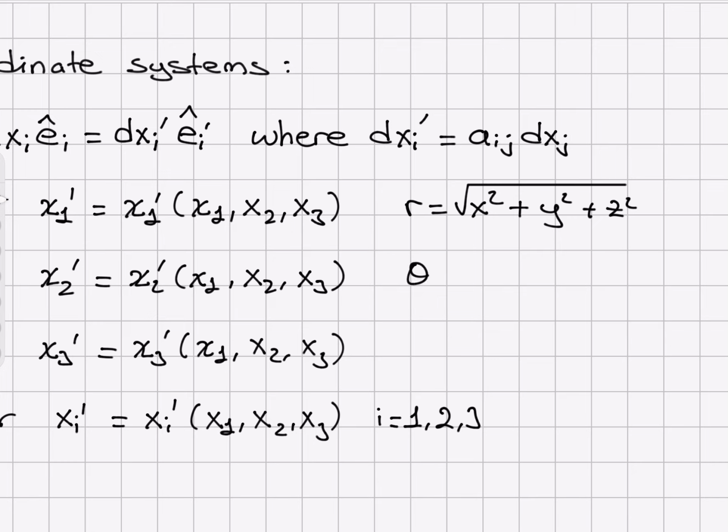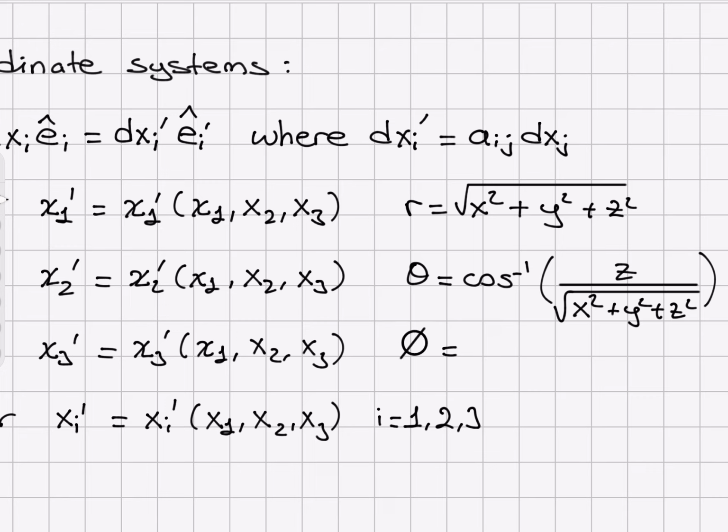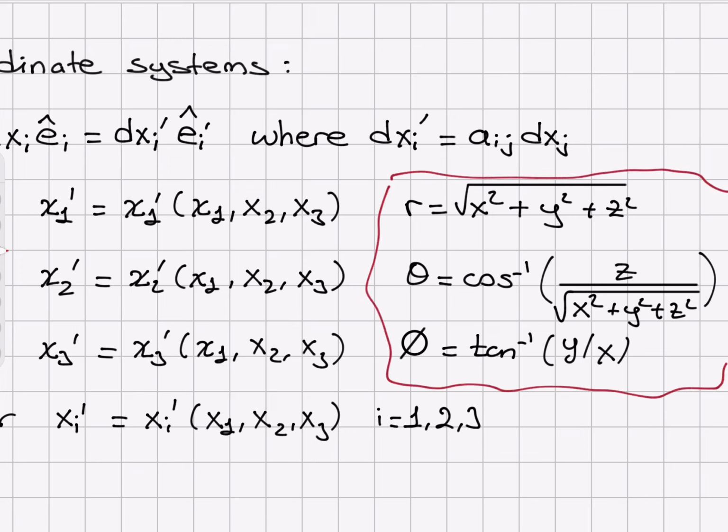Theta, the polar angle, is cosine inverse of z divided by the square root of x squared plus y squared plus z squared, which is r. And phi, the azimuthal angle, is tangent inverse of y over x. So I have these coordinate transformation equations between Cartesian and spherical coordinates, which is another orthonormal system.